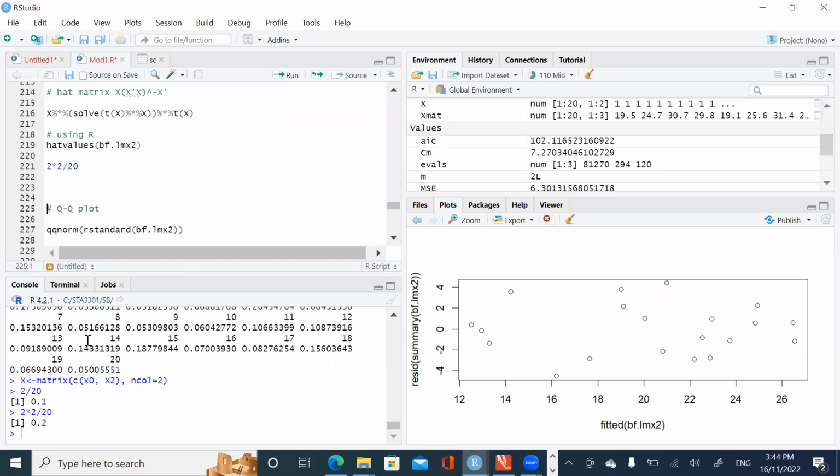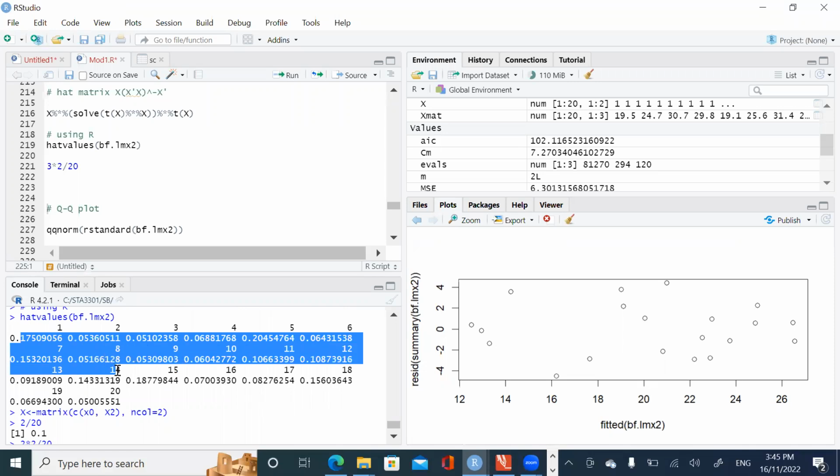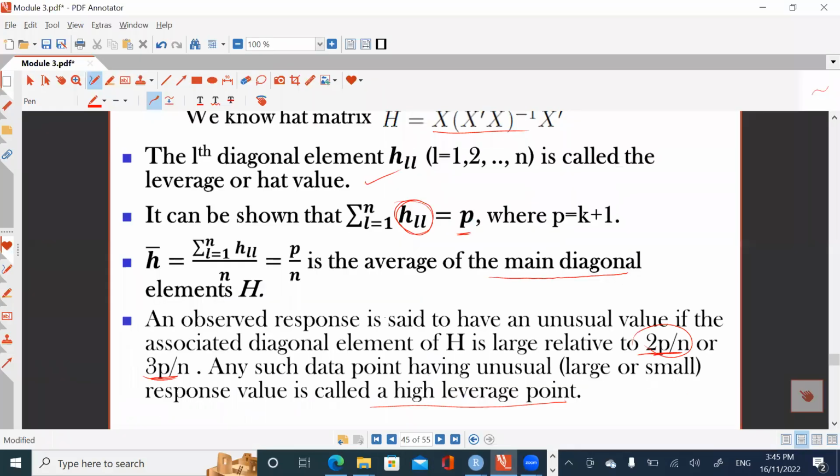So if any of the hat values is greater than 0.2 or 3p by n, that would be 0.3. Now look here. If any of these is greater than 0.2 or 0.3, that is an outlier. In this case, probably none of them is above 0.2 or 0.3, so there is no outlier in this particular model.